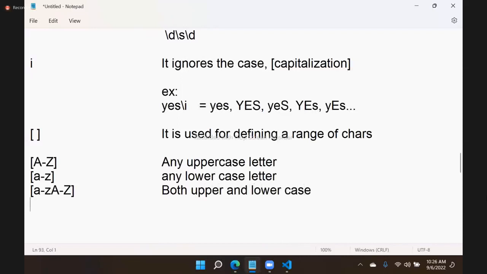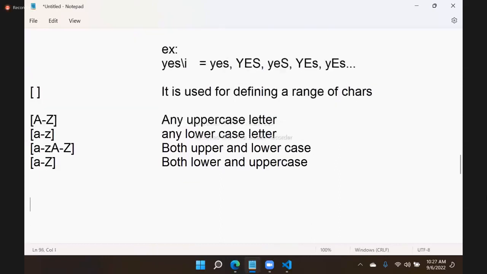That means a to z lowercase or A to Z uppercase. You can write in another way also: a hyphen uppercase Z. This indicates both lower and uppercase. You can write in two ways. Anything is possible.